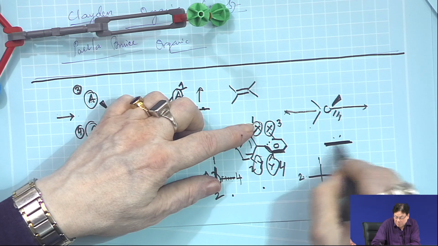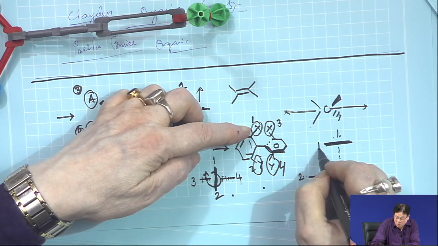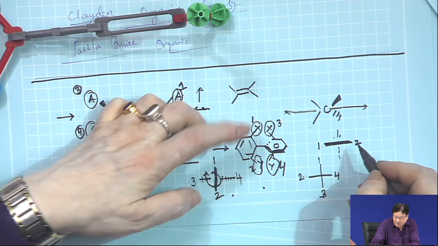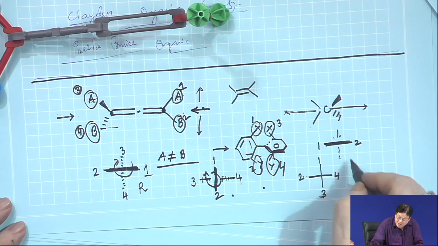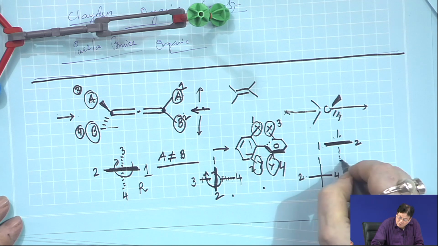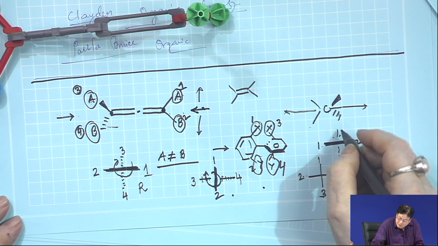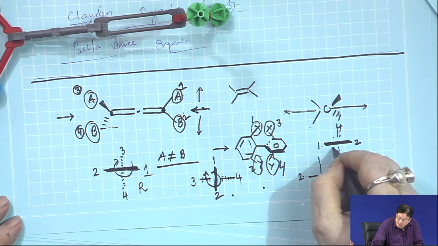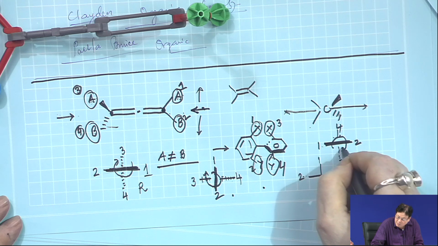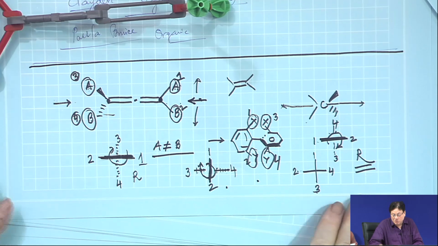So this is 1, that is 2, and 3 is going to the left side, and this is up, so that is your 4. Whatever you see, 1, 2, 3, that will be your configuration. So this is our configuration. That is the most important point.